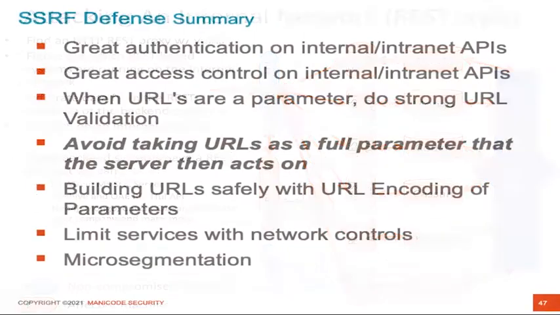Now here's my formula for SSRF. All right, let's finish this up. Number one, all of your back-end private APIs should have great authentication and access control, which means when I'm a back-end service and I'm getting a JSON web token, I should be able to verify the signature and still verify the identity of that user, even several hops into a microservice mesh, zero trust thinking.